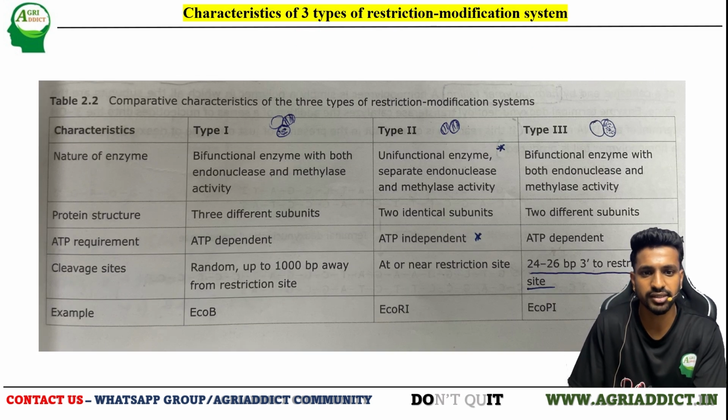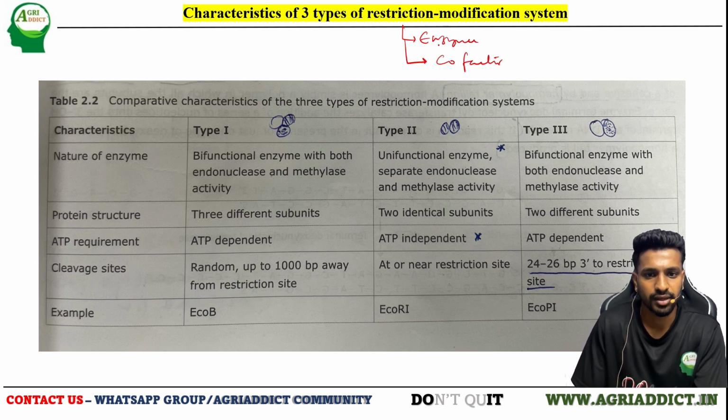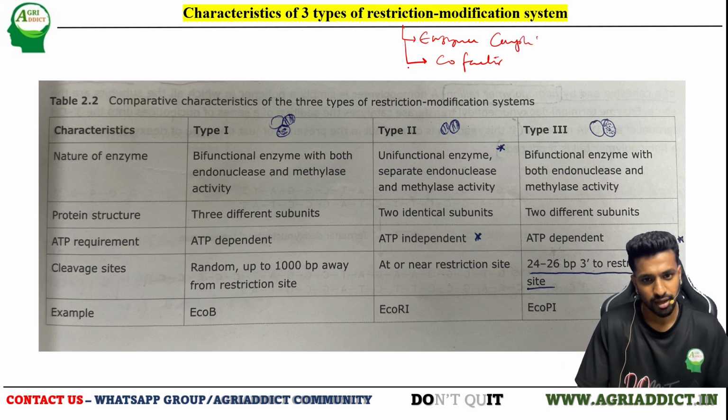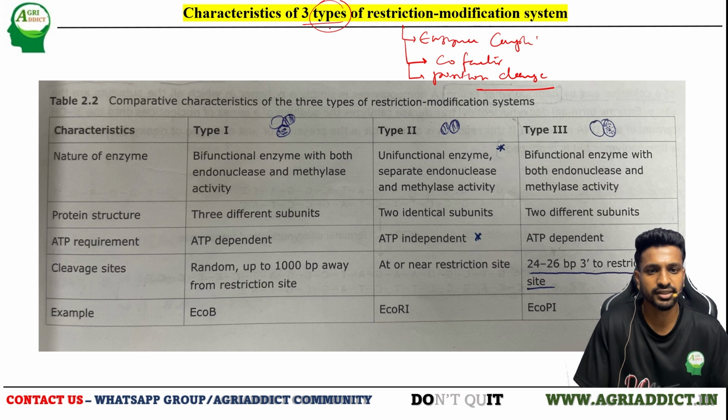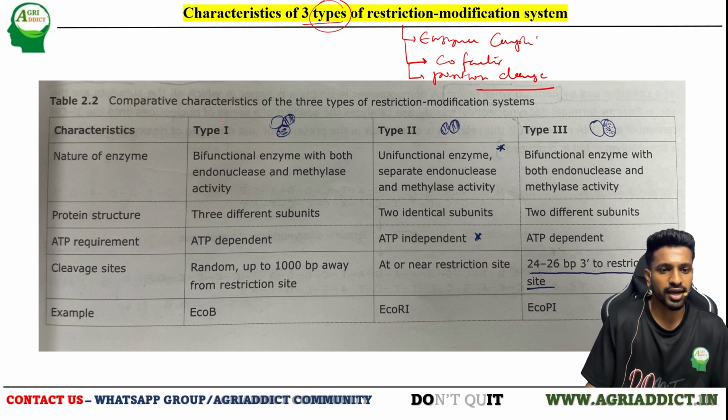Based on this restriction modification system, and also based on the enzyme complexity, the cofactor requirement, and the position of cleavage, where exactly the cleavage is occurring, there are 3 different types of this restriction modification system. They are called type 1, type 2 and type 3.